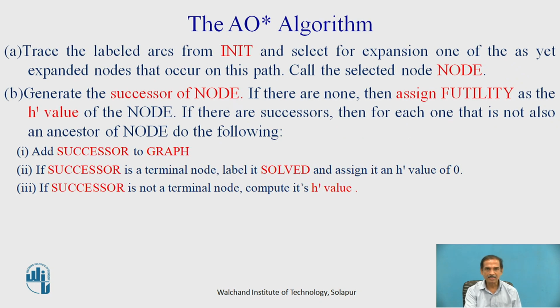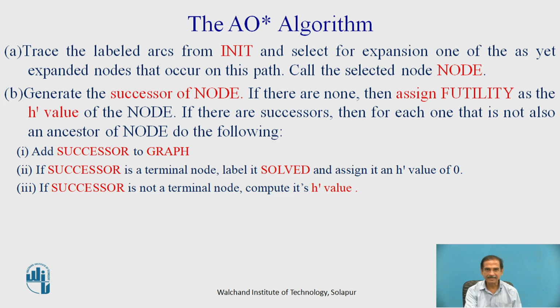Trace the labeled arcs from init and select one of the not yet expanded nodes that occur on this path, and call the selected node NODE. Generate the successors of NODE. If there are none, then assign the futility value to h dash of the node.